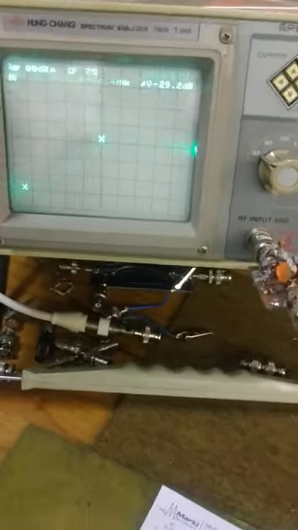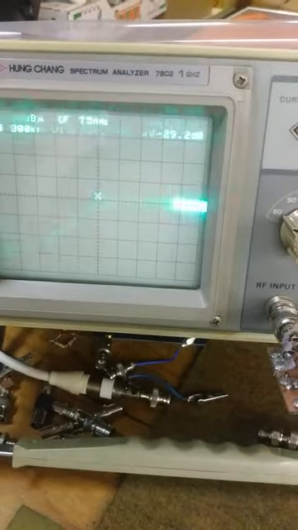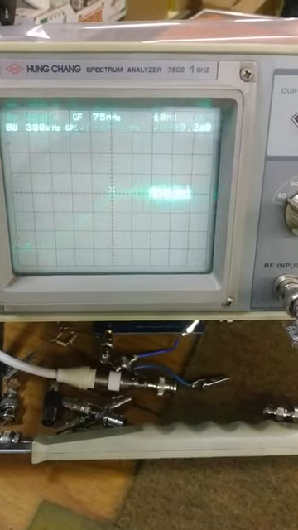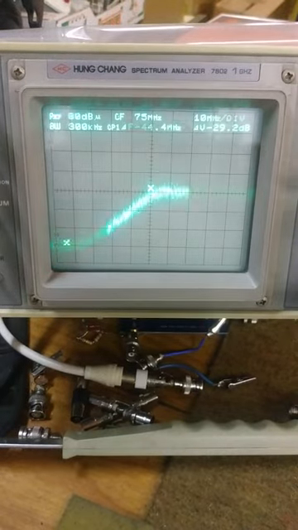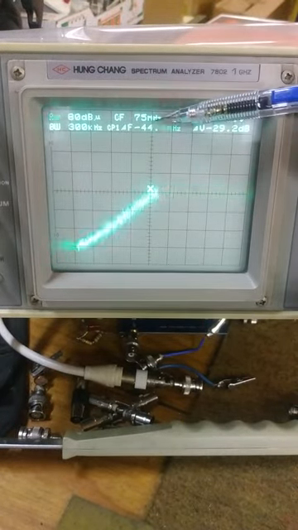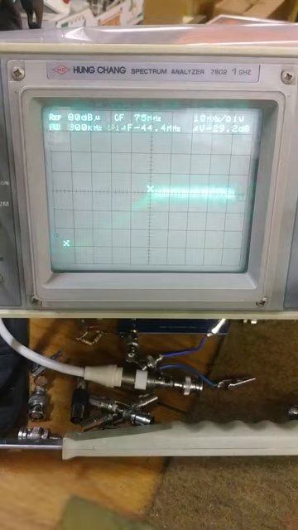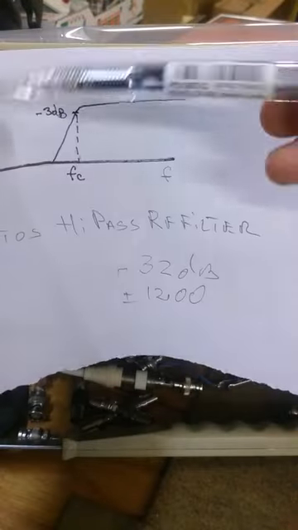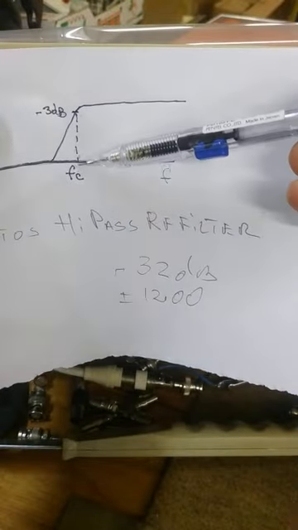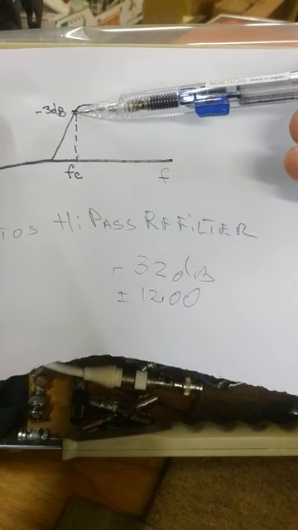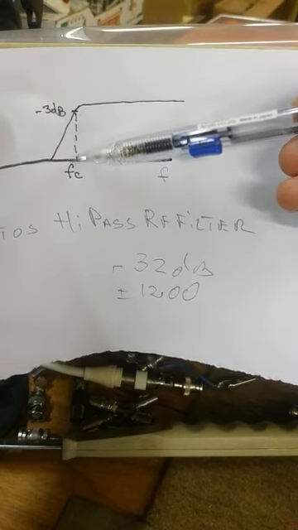All right, there we go. So right now, if you look at it, my minus 3 dB point is right on 75 megahertz.